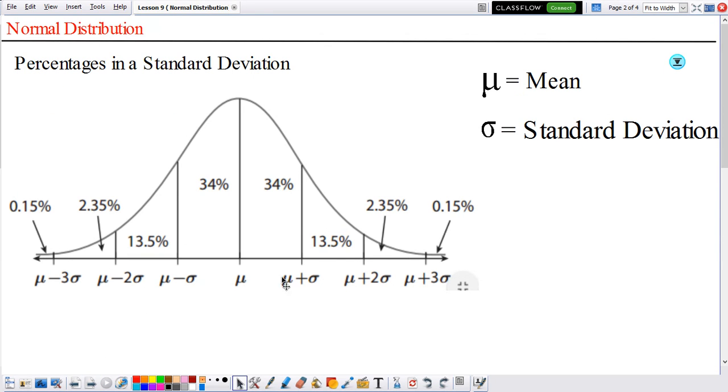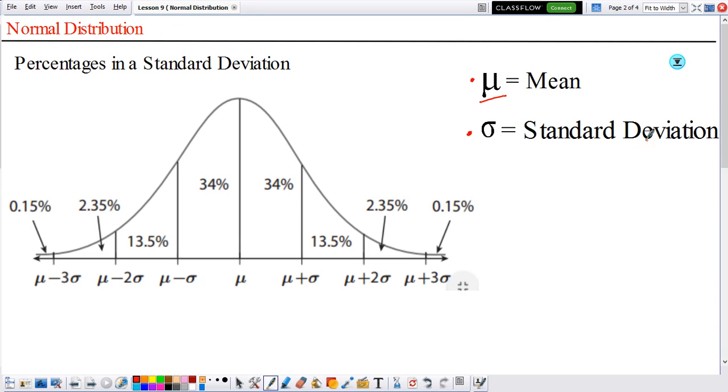Before we look at this graph, let's pay attention to the notation here. There are two Greek letters that we're going to be using when we're talking about normal distribution, and that is mu. Mu, we're going to use to represent mean. So instead of writing the word mean, we're just going to write the Greek letter mu.